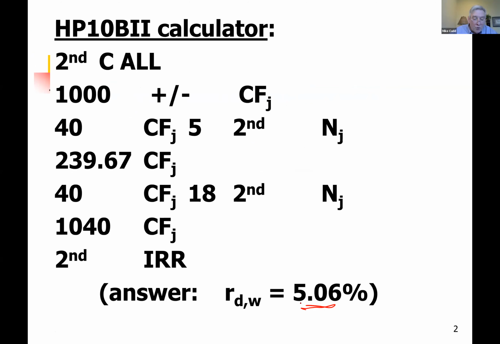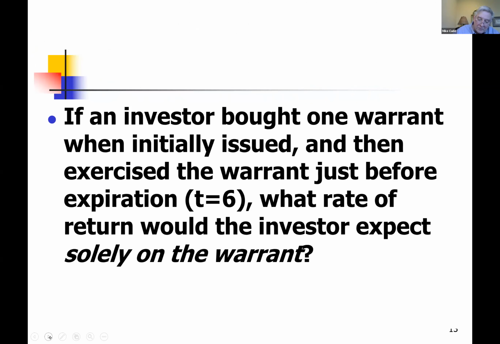And we would also want to know, what is the rate of return for an investor that solely invests in a warrant? You know, warrants trade like stock. They're separate from the bonds. If you buy a bond with warrants, you can detach the warrants and sell them separately. You could contact your broker and buy warrants.